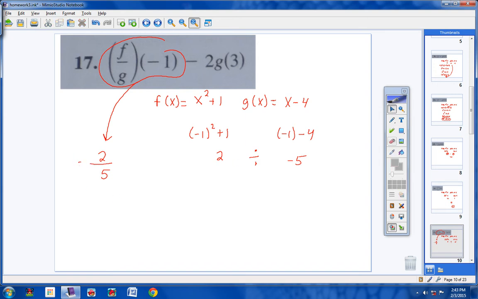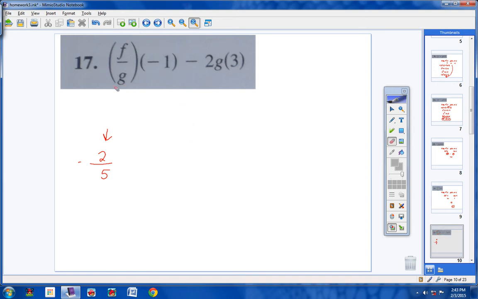Alright? Now, let's move on to the next part of the problem. Now, we are told to take minus, see this negative sign, so I'm going to put a negative sign here, 2 times g of 3.